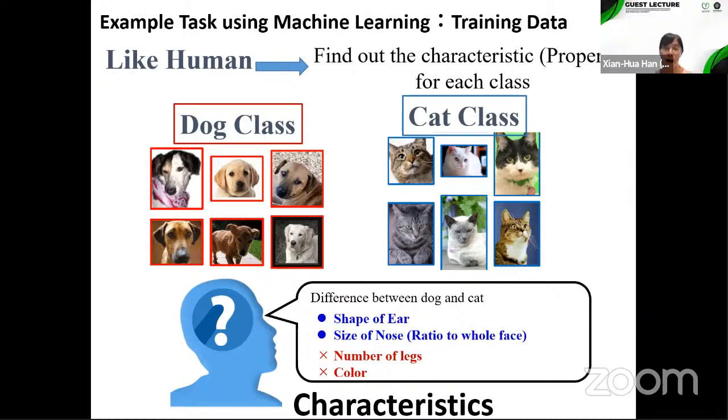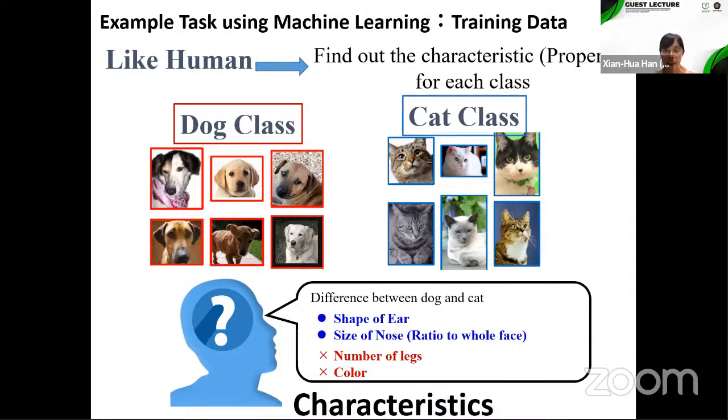And the appearance color is also not a distinguishing property, because dogs have different colors, and cats also have different colors.